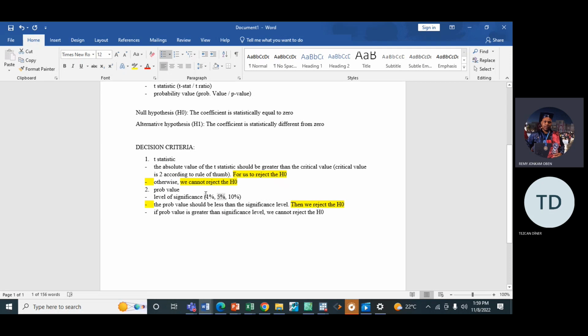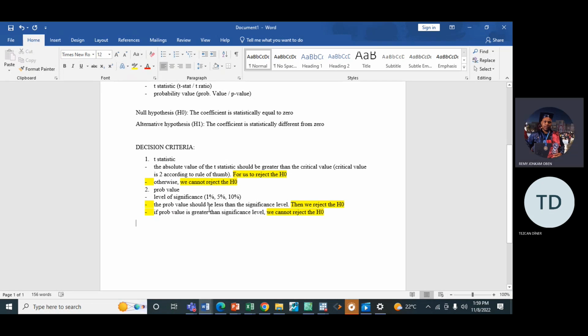If we are using 1%, then in order for us to reject the null at 1% level of significance, the probability value must be less than 1%. So in order for you to reject the null at a given significance level, the probability value must be less than that significance level. If the probability value is greater than that significance level, then we cannot reject the null. You say we cannot reject the null. Don't say we accept the null. Again, I'm insisting we never accept the null.